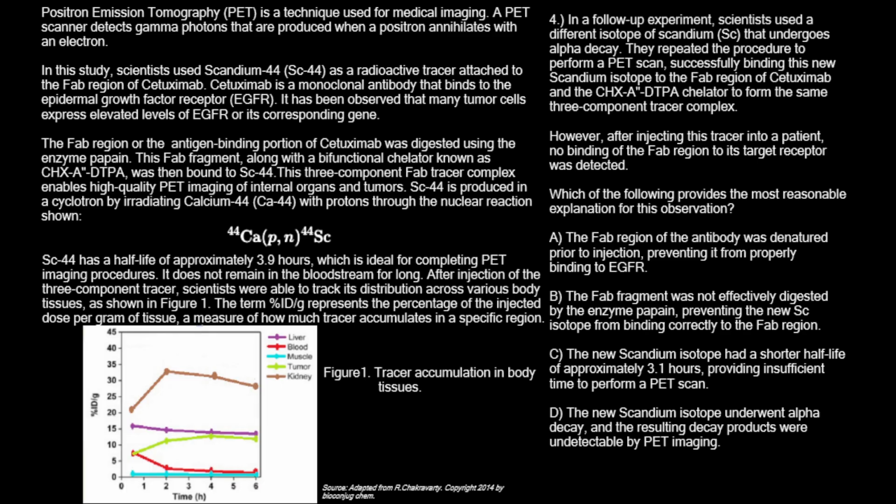Answer choice C says the new scandium isotope had a shorter half-life of approximately 3.1 hours, providing insufficient time to perform a PET scan. Answer choice D. The new scandium isotope underwent alpha decay, and the resulting decay products were undetectable by the PET imaging.